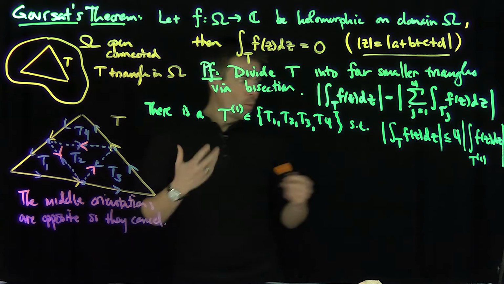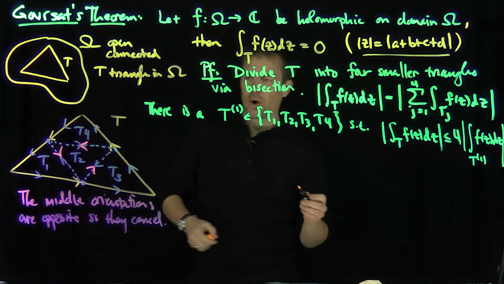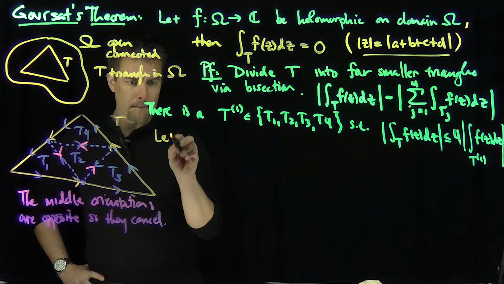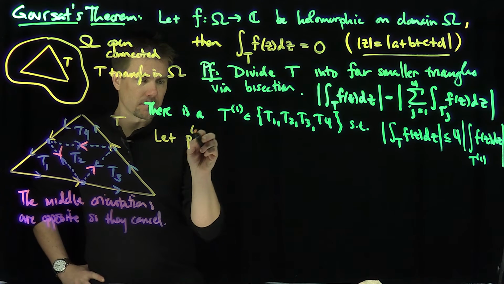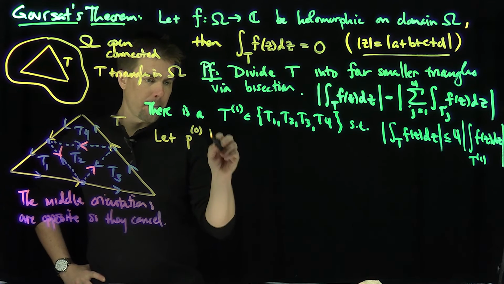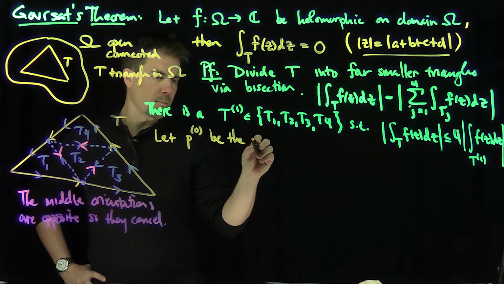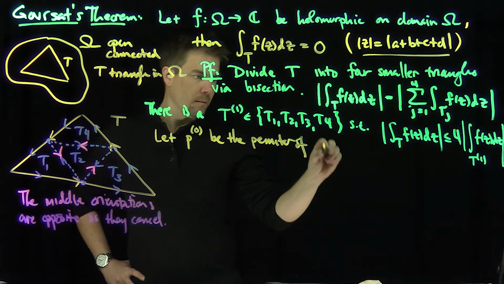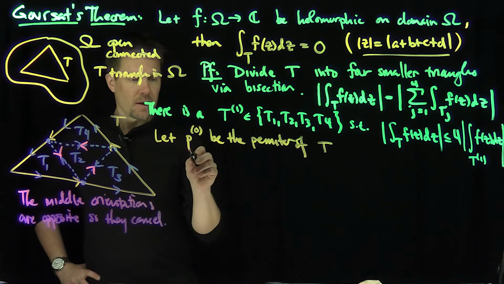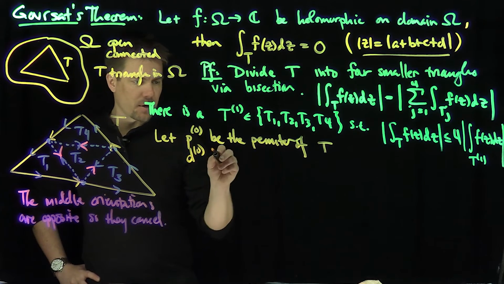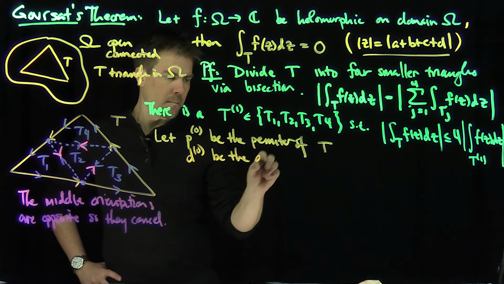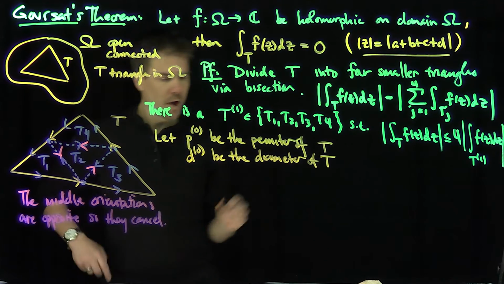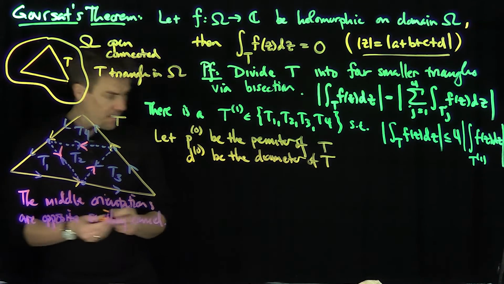Now, what do I know about this T1 over here? So here's where the notation comes in. Let's let P0 be the perimeter of T, the original triangle, and D0 be the initial diameter, the diameter of T, okay? Of course, what's diameter?